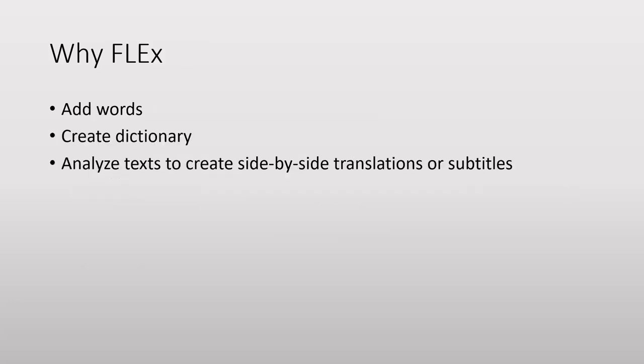FLEx is similar in that it allows us to add words to a growing list of what we call a lexicon, or a list of words, and a list of really base words, and also sometimes full words. You can collect longer words, like for example, if I have worked in English, that is work plus ed.